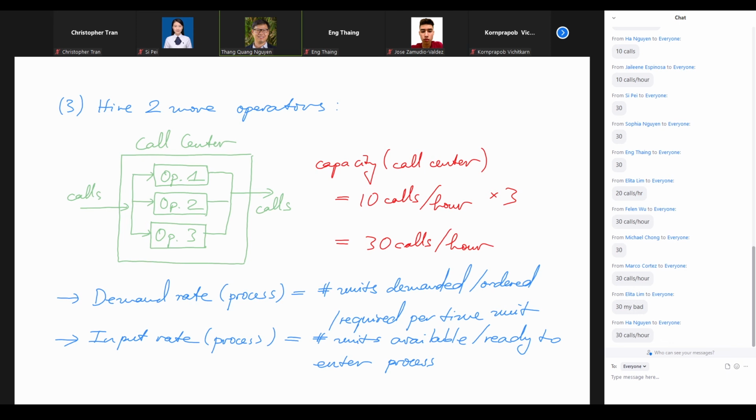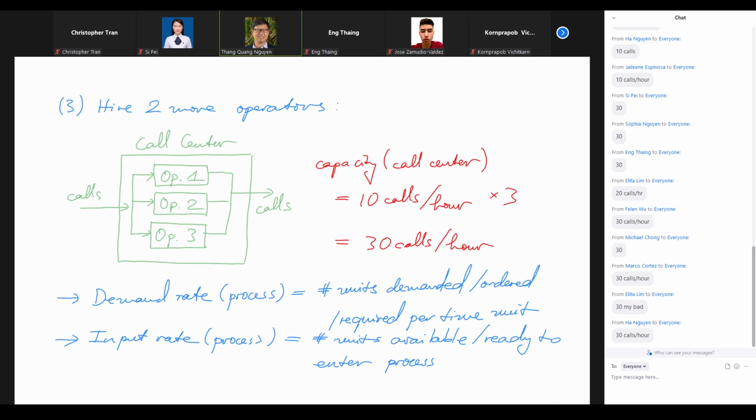So in that case, the input rate is not 1,000 cars a day. The input rate, for example, is only 100, and they only use the computer chips on some car models that makes them the most money, right? So the input rate, we normally take it for granted, but sometimes it's not that given.